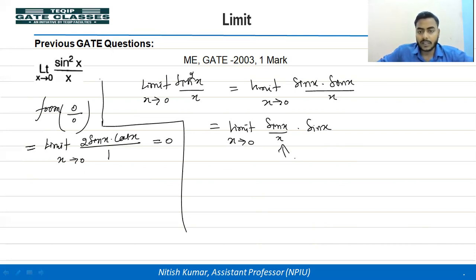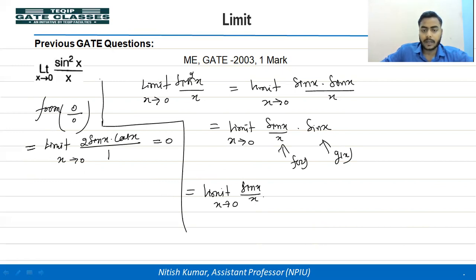Now, let's assume this is your f(x) and this is g(x). We can use the multiplication rule. So limit x tends to 0 of sin x by x into limit of sin x when x tends to 0. What is the limit of this? From the standard result, its limit is 1. This will be 0. So 1 into 0, what will come? 0. Okay, so this is the other method you can use.